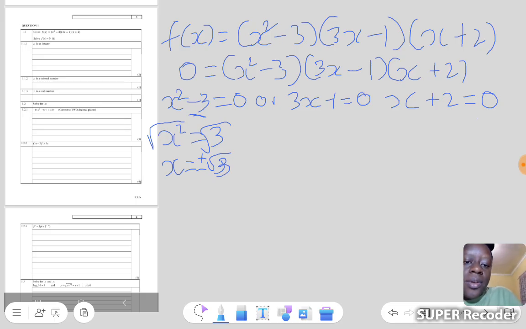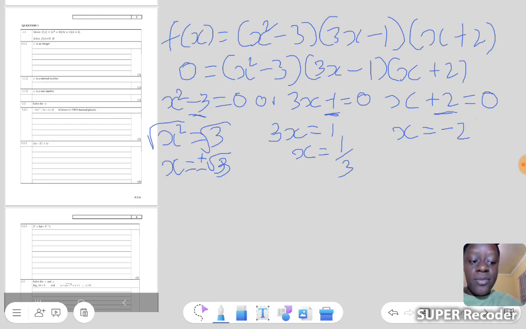Then we have 3x, which is equals to transposing this negative 1 to the other side, making it 1. So x, dividing by 3 because we don't want 3x but rather x, 1 over 3. x will be equals to transposing this 2 to the other side, negative 2. So we have solved everything.